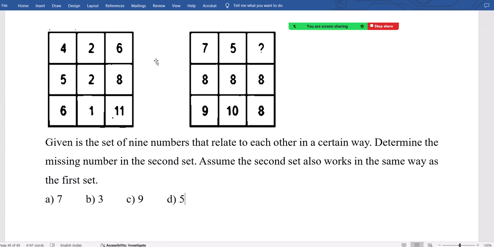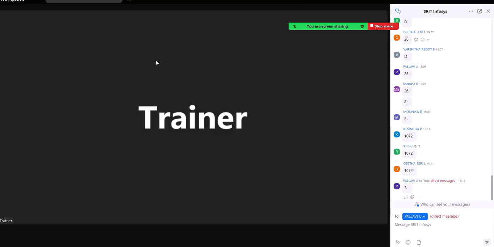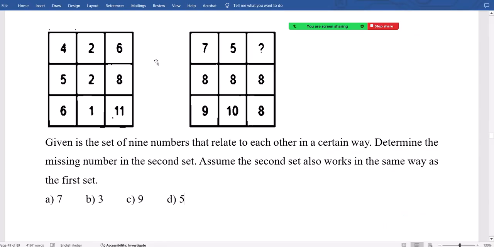Many logics you can try. It seems those who are responding may have solved that PDF already. Pallavi gave an answer. Pallavi, but check, that answer is not correct. You give a try.